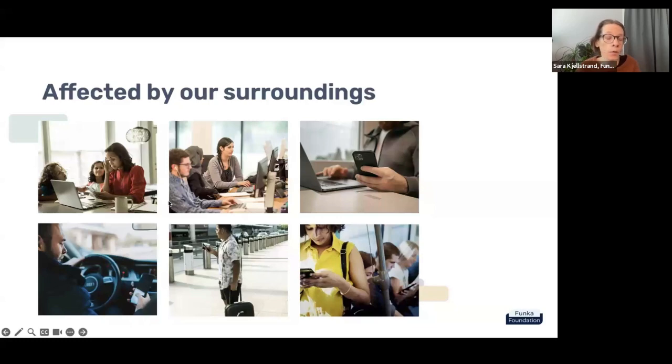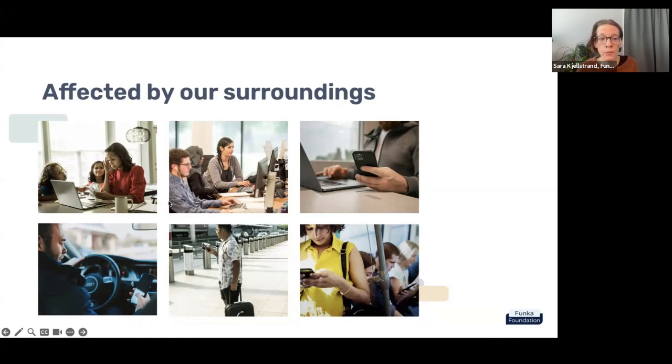Nowadays, more and more, we are taking our devices with us and we are in different surroundings. So you could, for example, talk to your family about plans for vacation while at the same time trying to do the booking online. Or you could be working on a spreadsheet and at the same time chatting with colleagues. Or you could be multitasking on different devices at the same time. And this is very frequent.